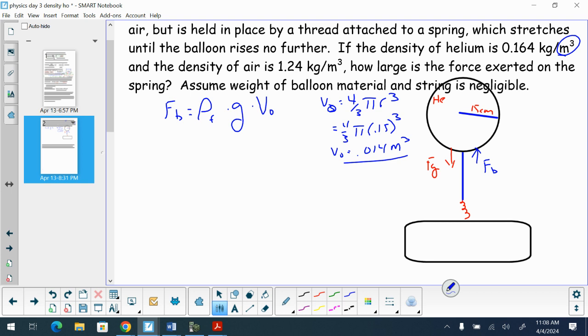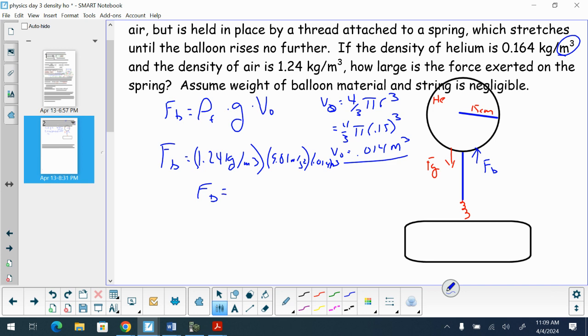So to find our buoyant force, we have the density of the fluid. Well, the density of air is 1.24, times gravity, 9.81 meters per second squared, times our volume of the object, 0.014 meters cubed.